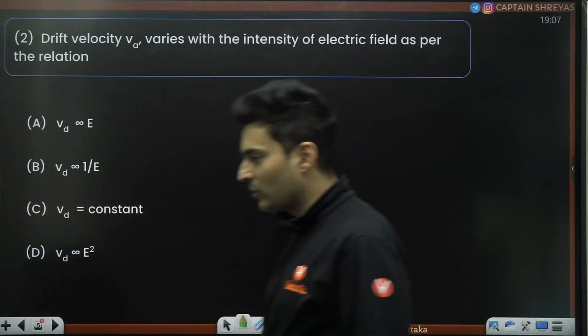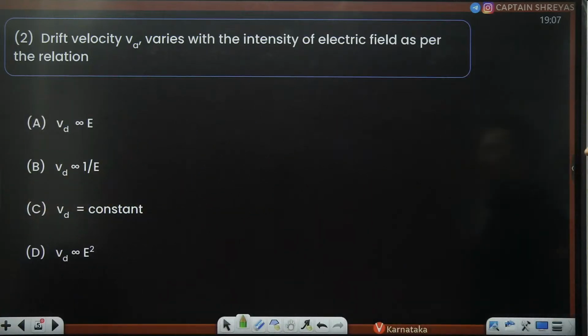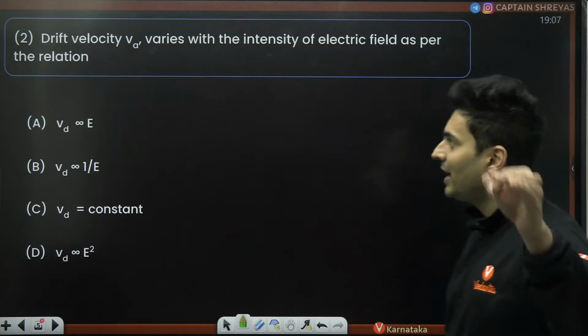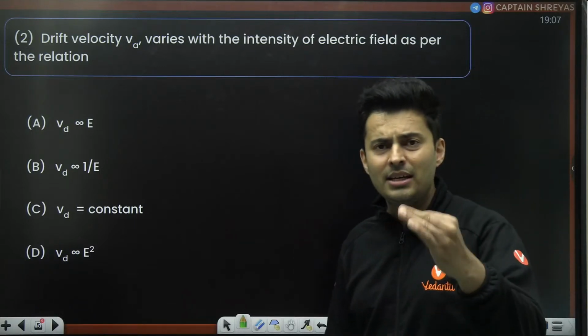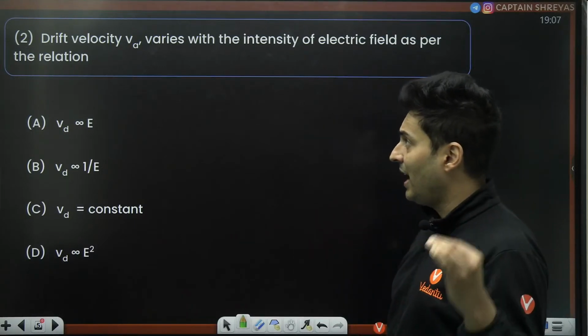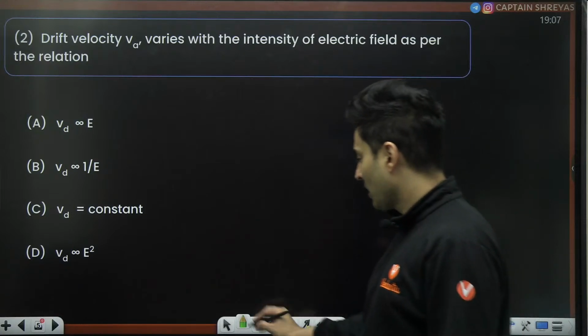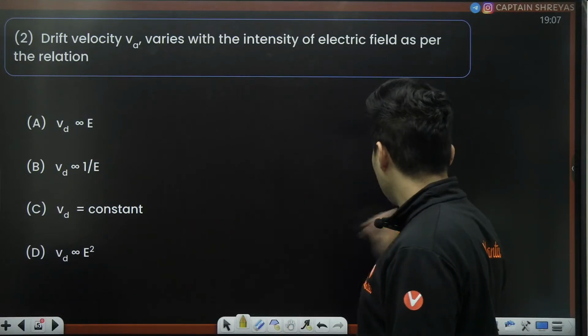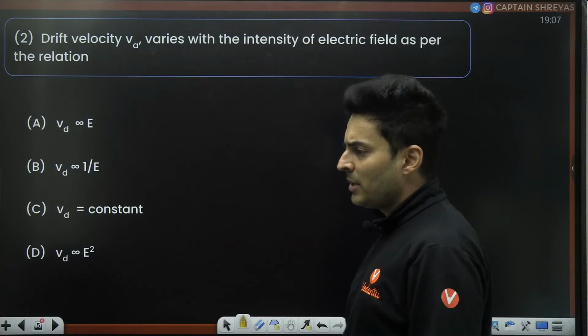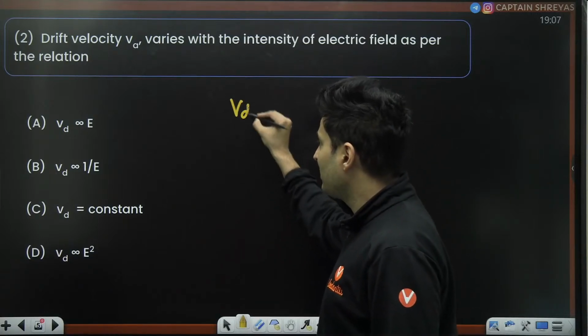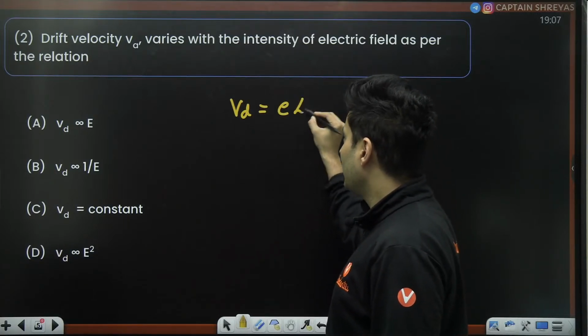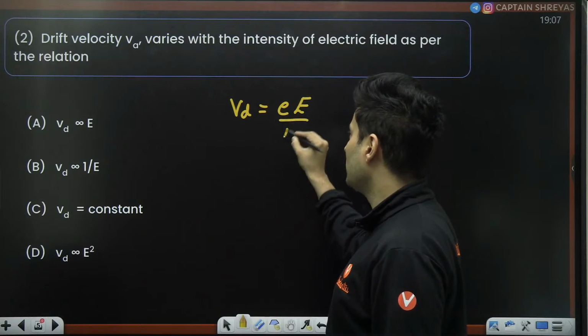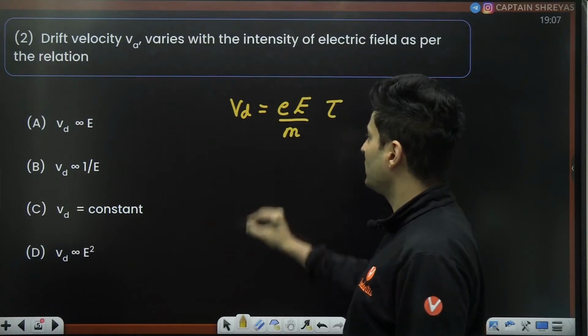Moving on to the next question. Drift velocity varies with the intensity of the electric field as per the relation. What's the relation for drift speed and the electric field? What's the formula? Yes, drift speed is electric field times electron charge divided by mass times relaxation time.